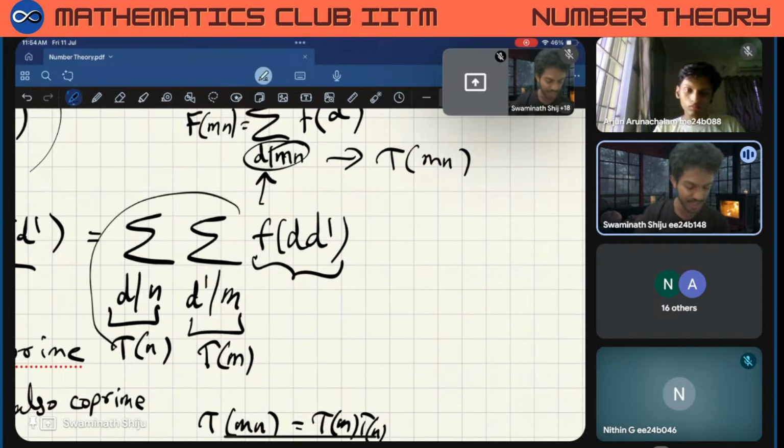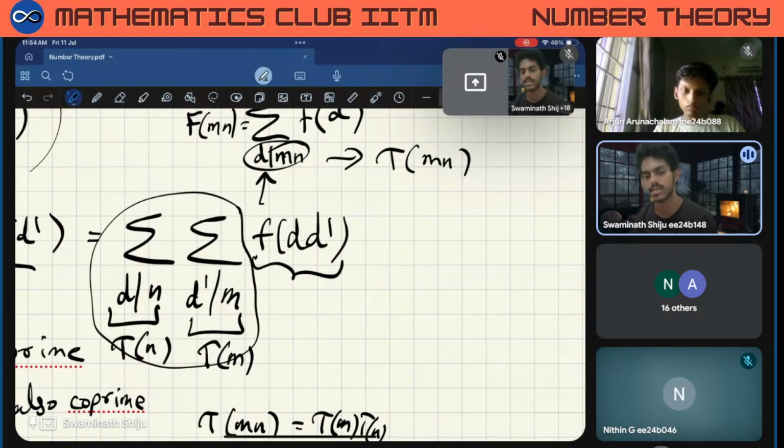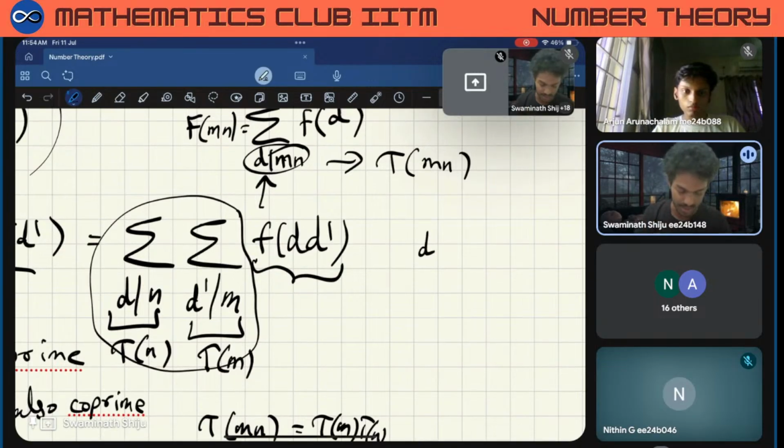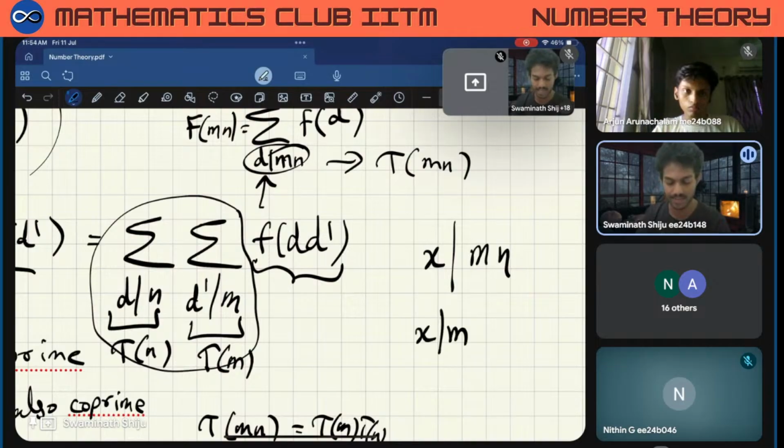Now we want to prove that this runs over all the possible divisors of mn. So assume some x divides mn. m and n are coprime. So either x completely divides m or x completely divides n, or it can't be both, because then that would mean they're not coprime.